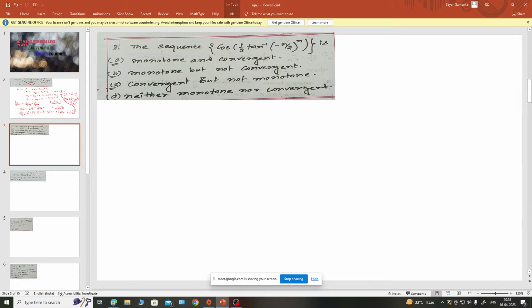If we find the sequence is convergent, then we can say monotone. Monotone means increasing or decreasing.